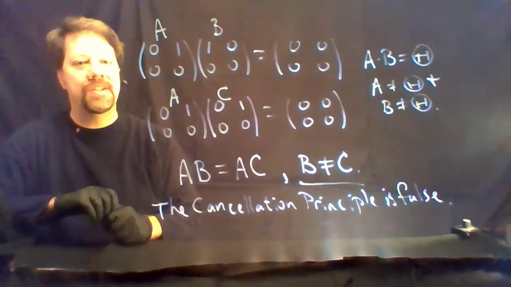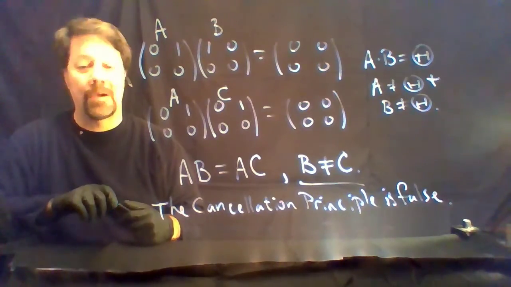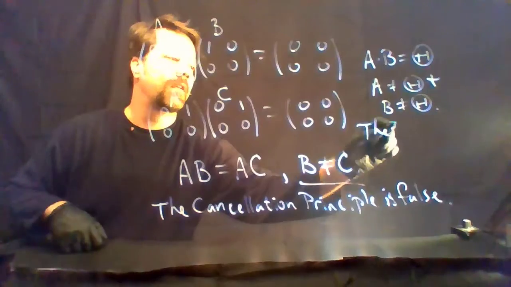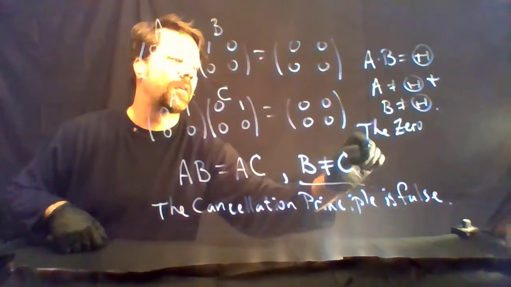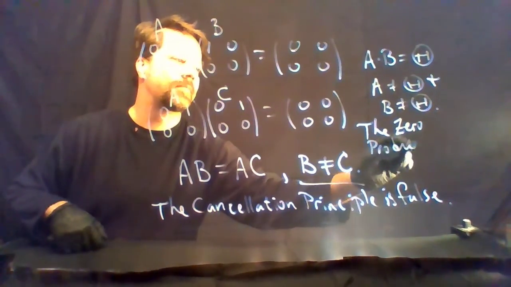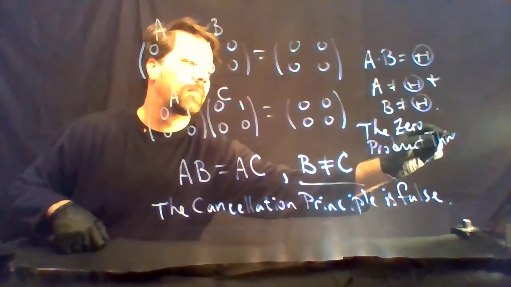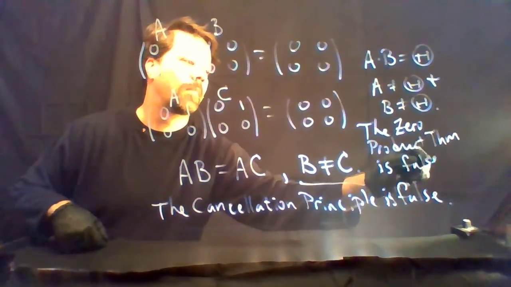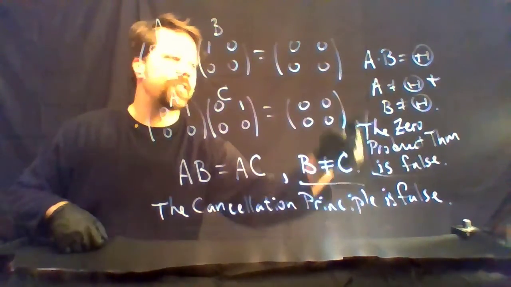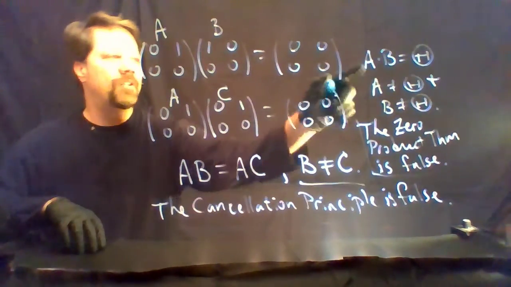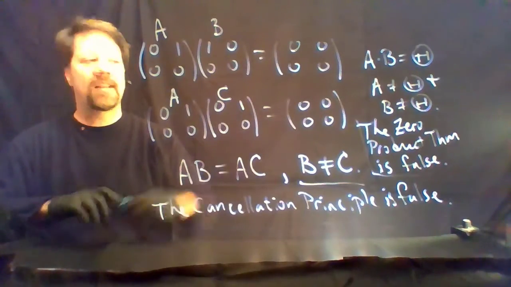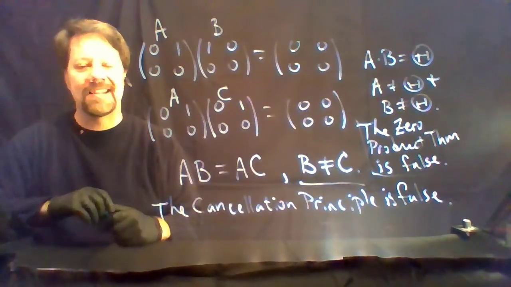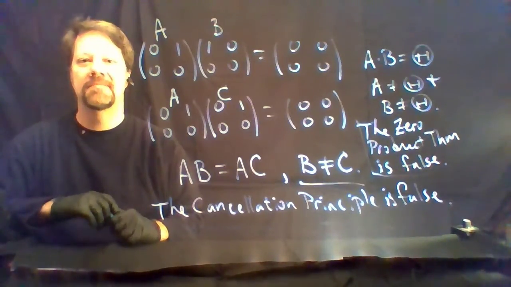From this we deduce that the zero product theorem is false. The zero product theorem says if you multiply two numbers together and get 0, then either the first factor is 0 or the second factor is 0. That's not true for matrices.